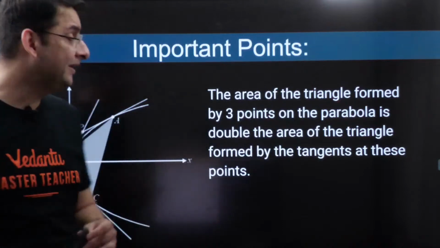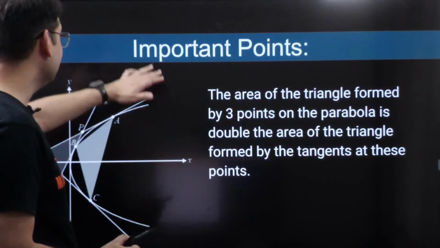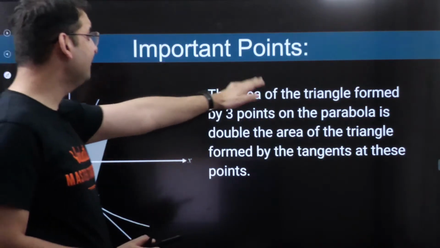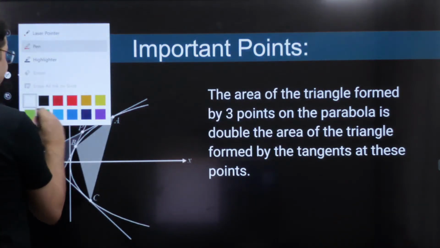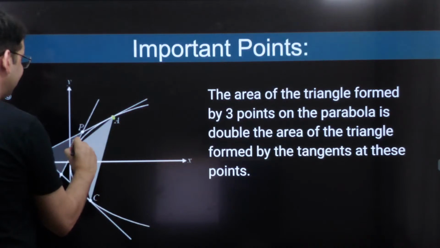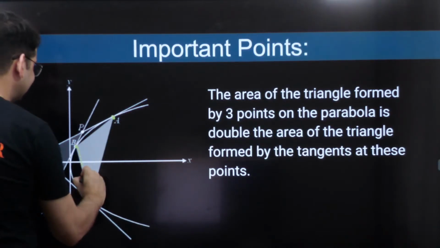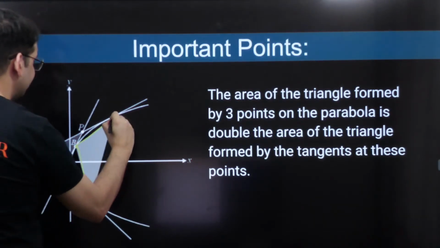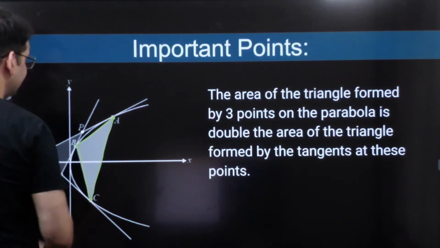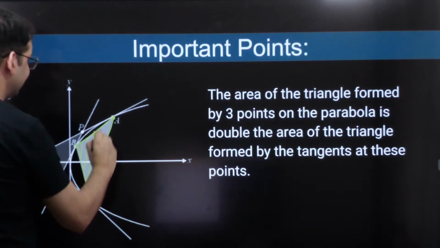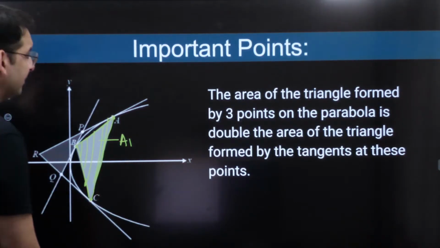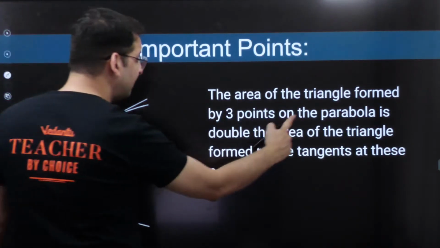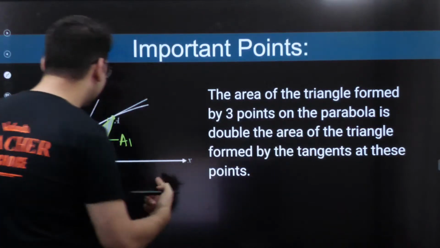Now this is again a very important point, guys. The area of the triangle formed by any 3 points on the parabola. Right, so there is a point A, there is a point B, there is a point C. Now this is a triangle which gets formed. Let's say this area is A1. A1 is double the area of the triangle formed by the tangents at these points.